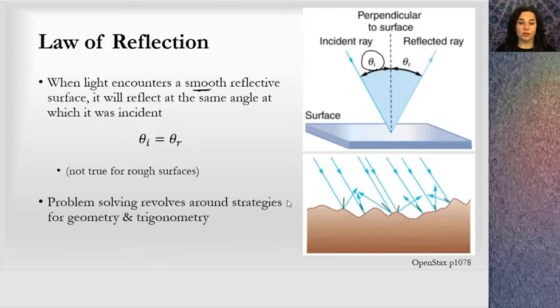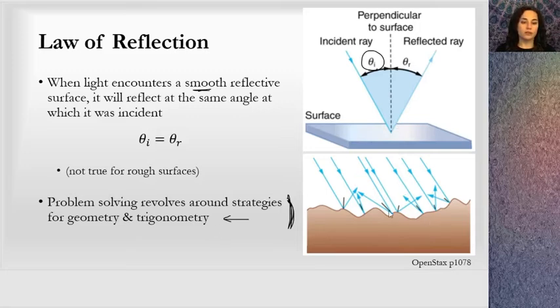Because of this, I've made a note down here on problem solving: when you encounter problems that apply this concept, often they are complex, with strategies revolving around geometry and trigonometry. So you really need to know your properties of geometry and trigonometry in order to apply this in the most basic flat mirror situations.